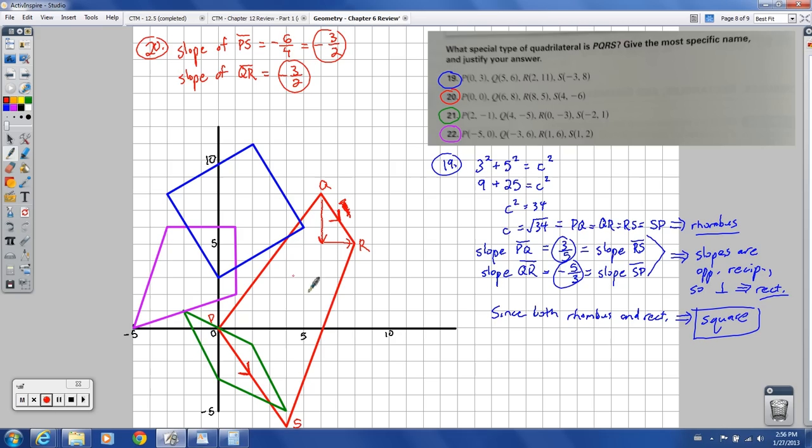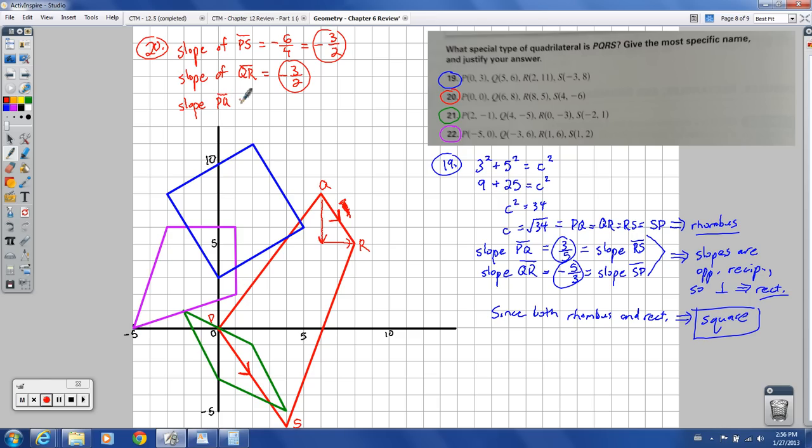These two don't look like anything special about them, so I'm not going to check anything there. These ones, if you checked their slopes, you would actually get, what would that be, 8 over 6, which would be 4/3. And then this one would be going up from negative 6 to 5. That'd be 11 over, going from 4 to 8, 11 over 4. So the slopes of those are not going to be the same.